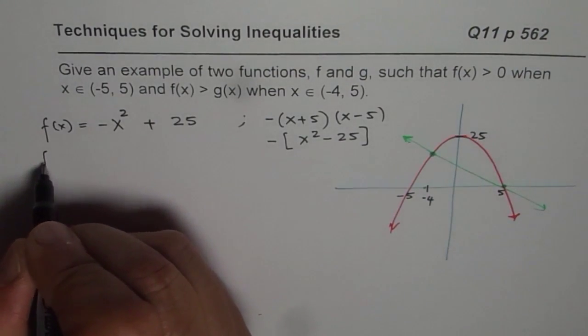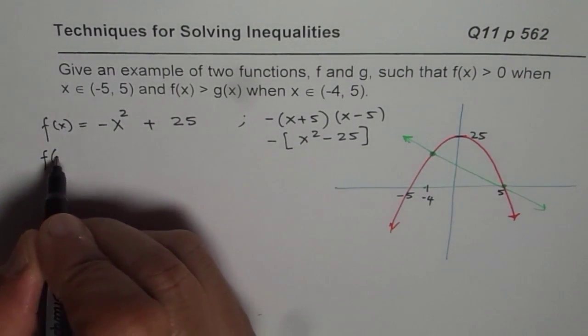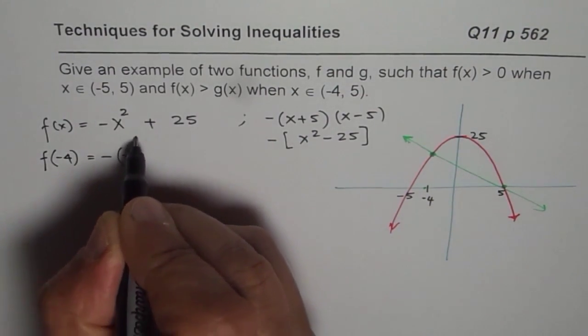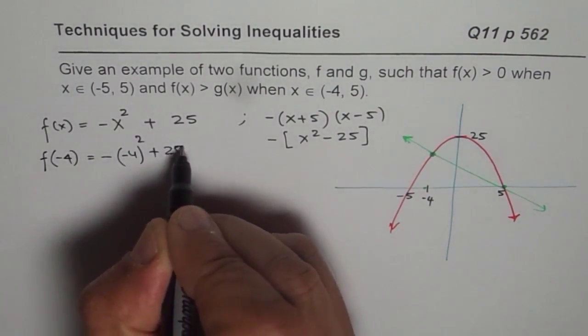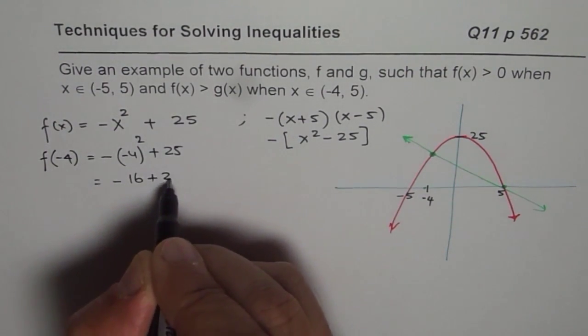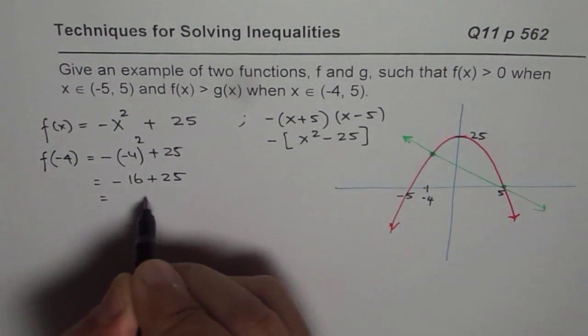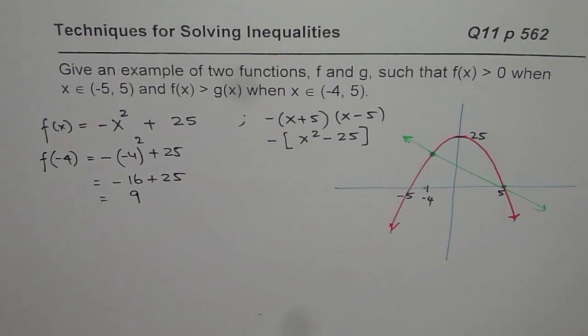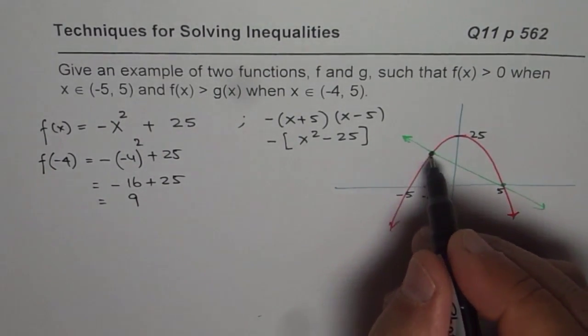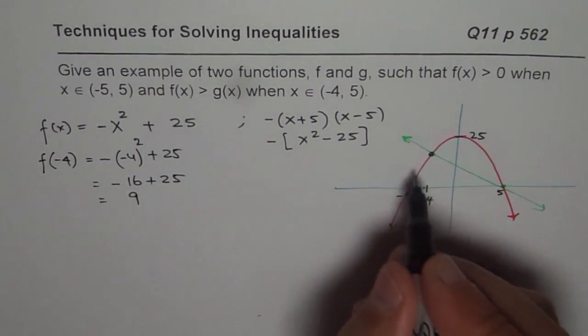So let us find the value of f of minus 4. If I substitute minus 4 here, I get minus of minus 4 squared plus 25, which is equal to minus 16 plus 25, and that is 9. Correct. So f of minus 4 is 9. So this point for us is minus 4, 9.